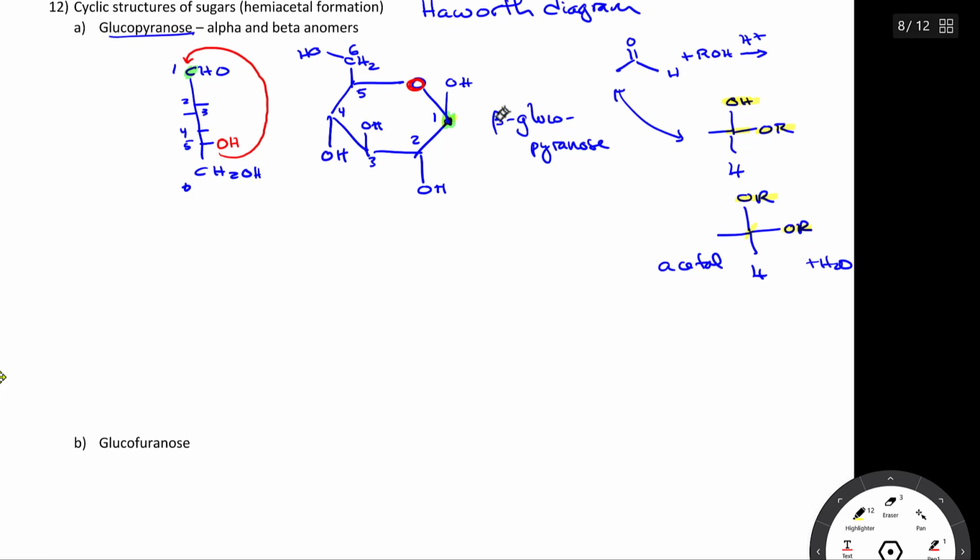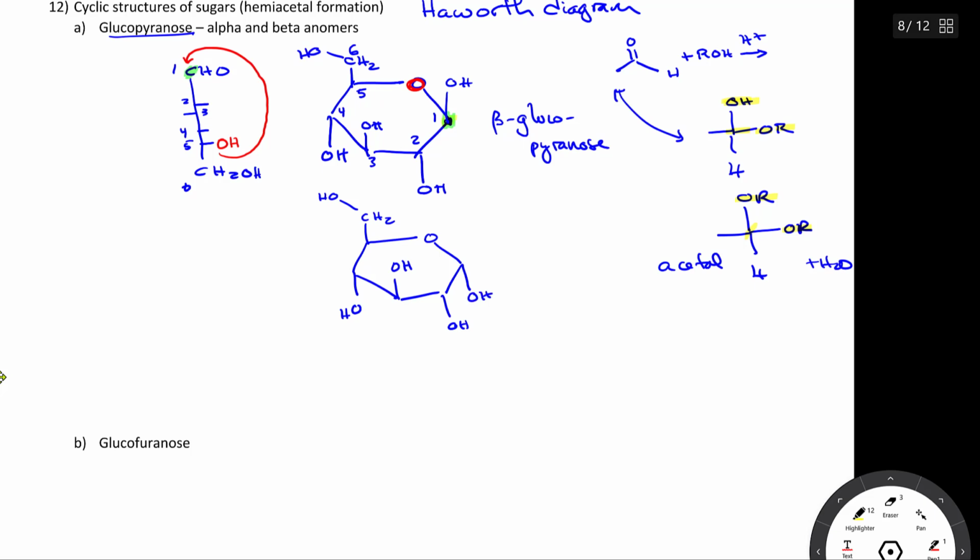Now, there's also an alpha glucopyranose, and in the alpha glucopyranose, the structure looks like this. These OHs don't change. They're invariant in the structure for glucopyranose. There's a CH2 and an OH like this. Then on this one, the alpha is pointed downwards like this.